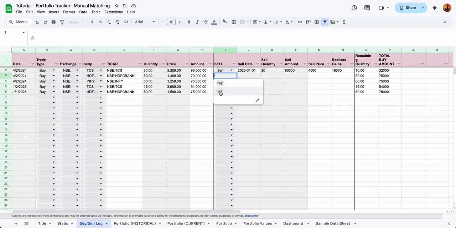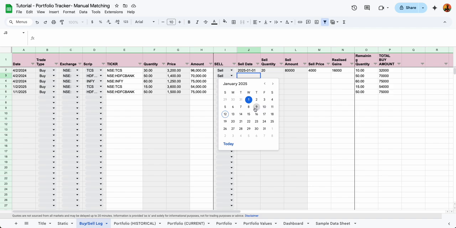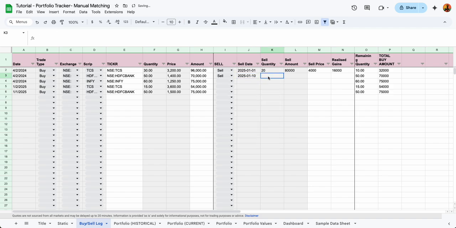So I come, I sell this entire lot. Let's say I did this on the 9th, or let me just choose the date in here. Let's say I did it sometime in the past week, let's say the 10th. I will sell all 50 of this, and let's say I sold it at 1800 rupees.